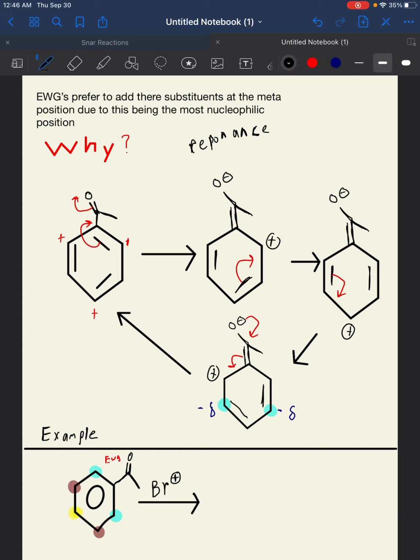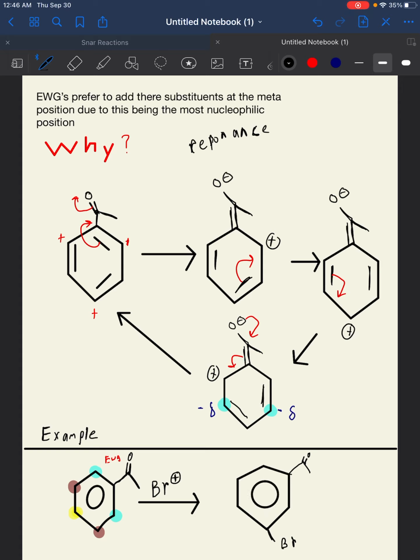So when we form this, since it's an electron withdrawing group, it prefers to add at the meta position to the substituent, which is going to be one of the red positions. It doesn't matter which red position it is. There are no sterically encumbered spaces on here. So it's going to add right there.